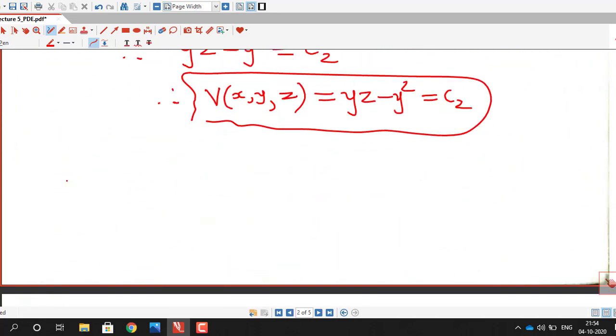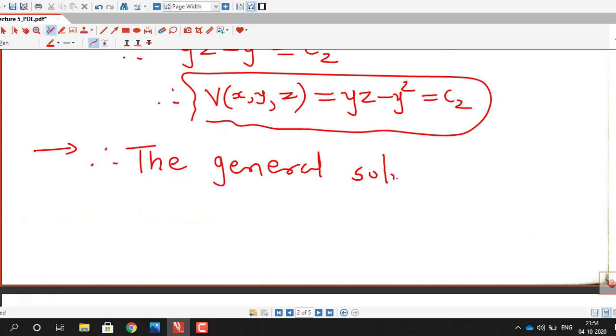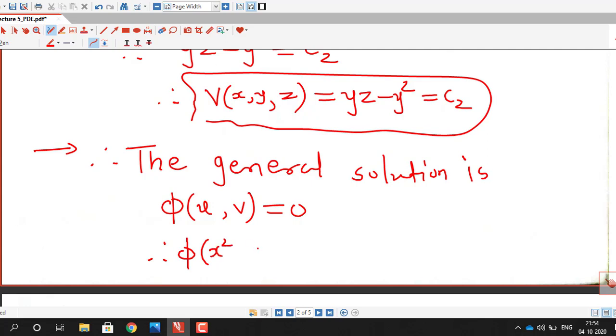So finally the general solution of given equation is phi of uv equal to 0. Therefore phi of u, where u is x square plus y square and v is y into z minus y square, equal to 0.